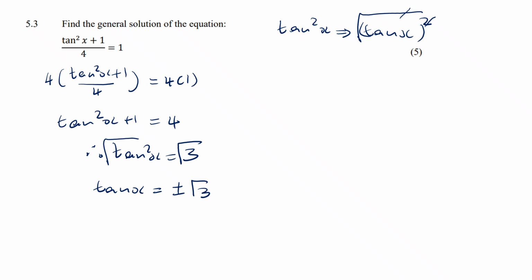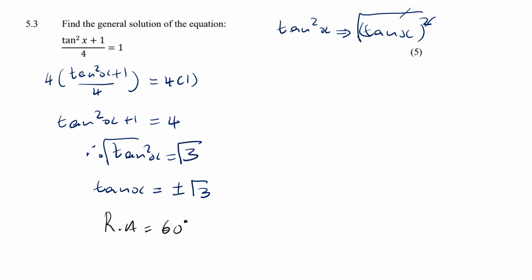The tan inverse gives us our reference angle to be 60 degrees, right? And then we're going to look at where tan is positive, where tan is negative, and you can definitely work on that. That's not an issue.